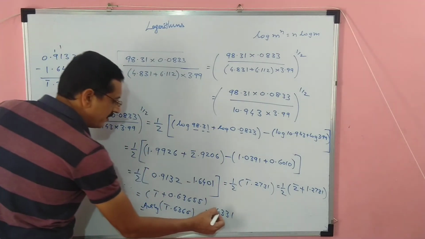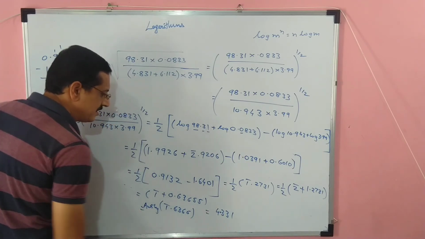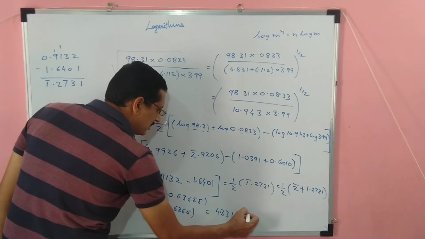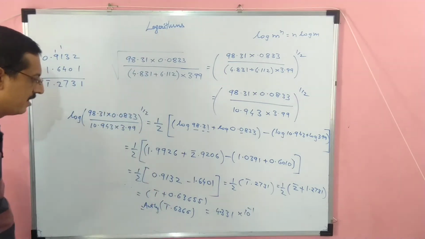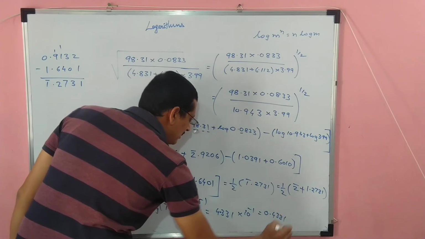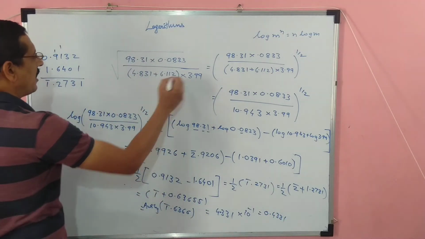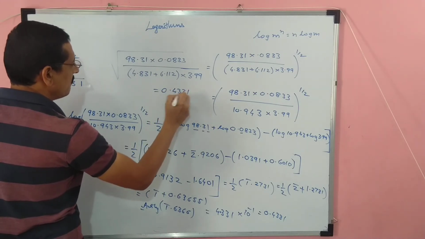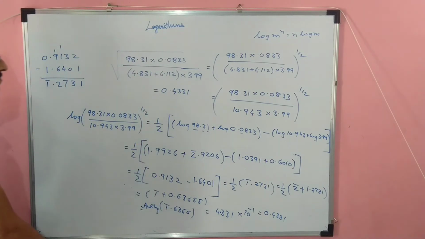As I said, always give decimal point after first digit, the characteristic is bar 1, means it is 10 to the power minus 1. If I adjust this, it is 0.4331. So students, the answer will be 0.4331 is the answer for this whole.